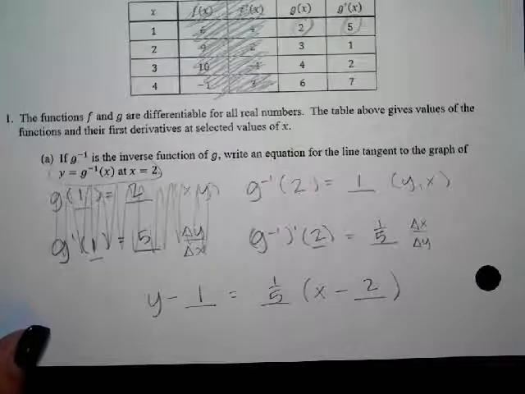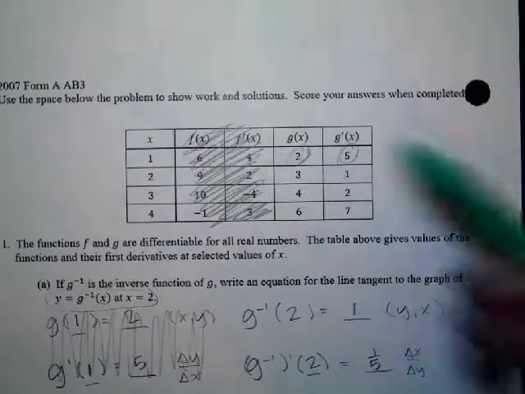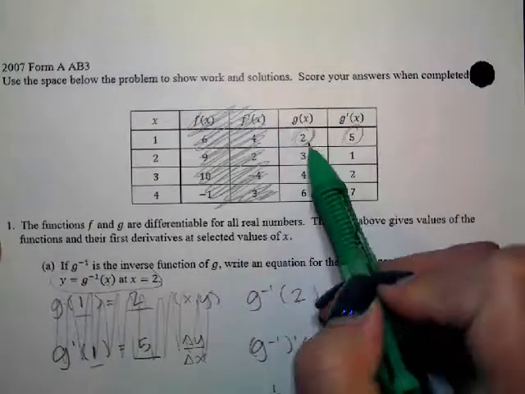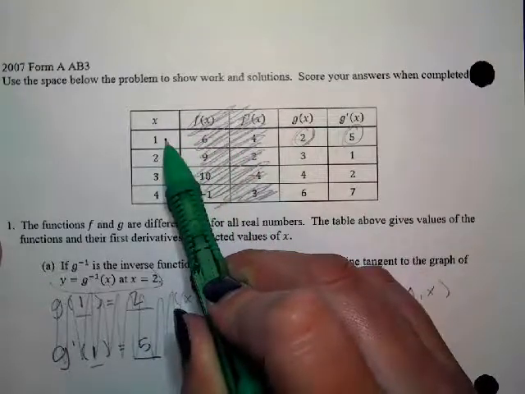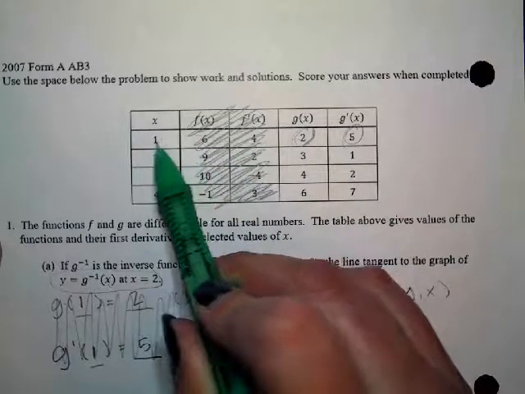All right. Any questions on that one? Where does the 1 come from? The 1. So we said if the y coordinate is 2, the x coordinate that corresponds to that was 1. They plugged in 1 to get 2.